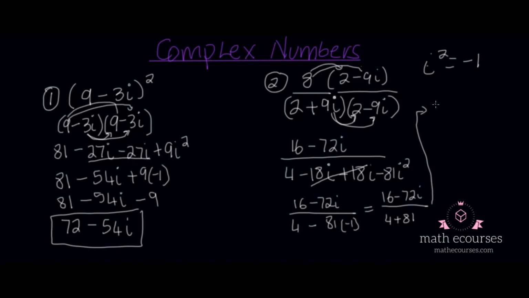This becomes 16 minus 72i over 85. And you want to split this up to make it in terms of a plus bi. So we have 16 over 85 minus 72 over 85i. And this would be our final answer.